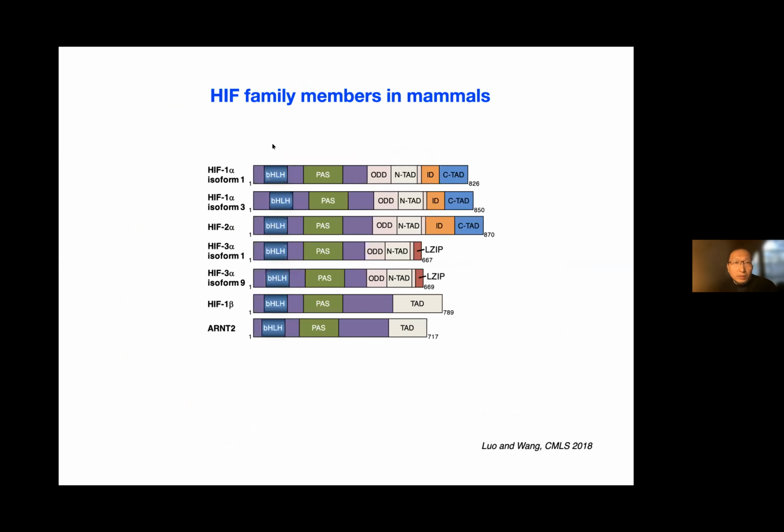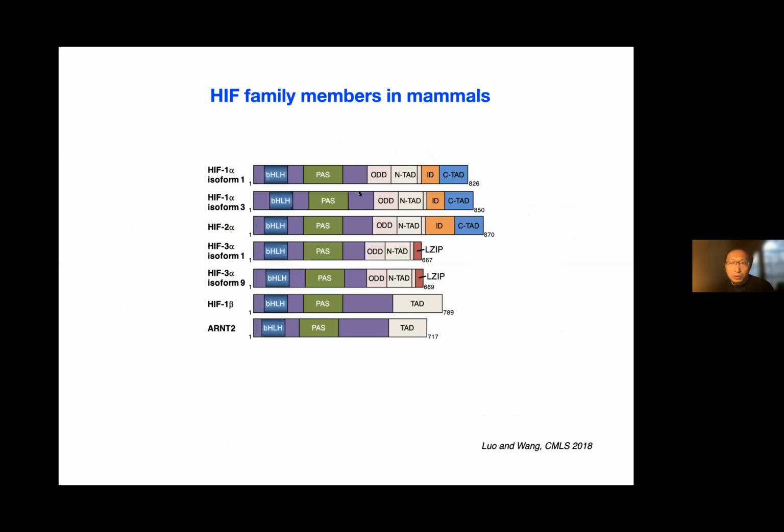HIF is a heterodimeric transcription factor consisting of alpha and beta subunits. So far, 3 alpha subunits and 2 beta subunits have been identified in mammals. HIF1 alpha and HIF2 alpha are the 2 most studied HIF family members in human cancers.